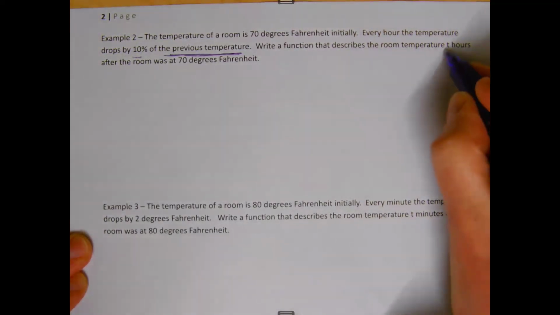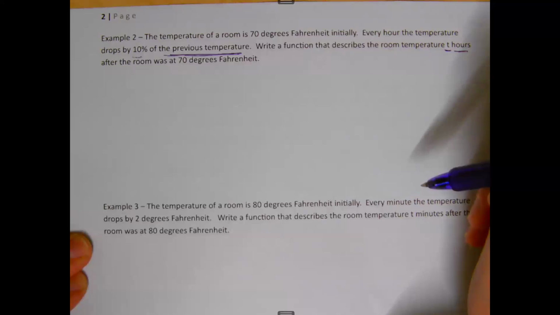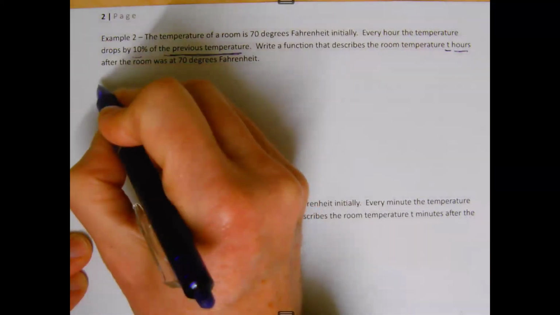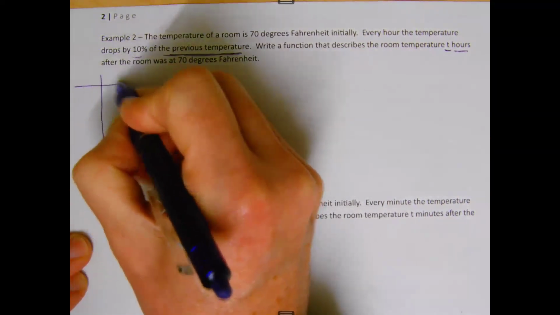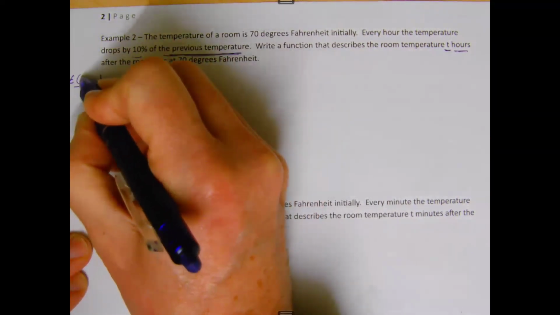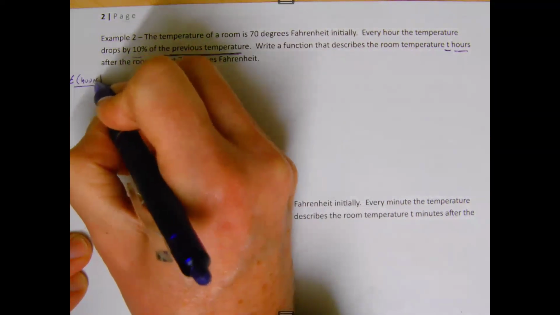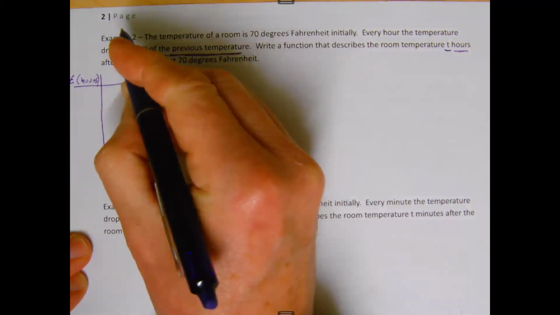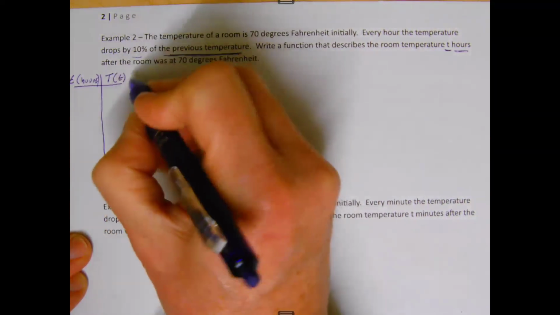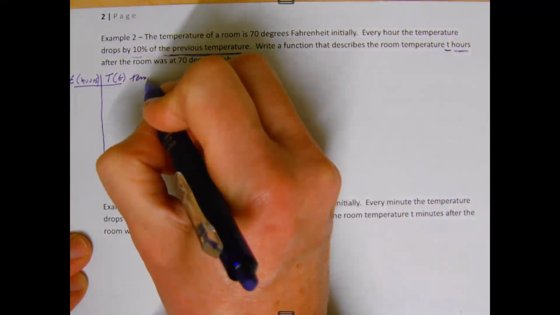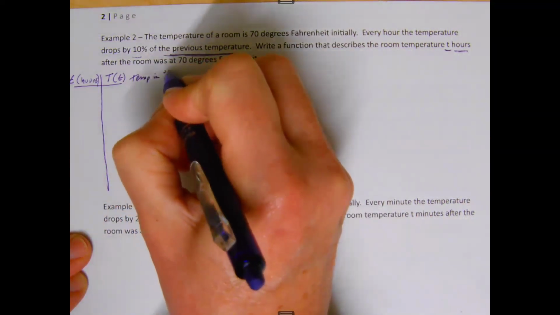So again, my unit here for my variable is hours. Let me create another little table. And again, T here is definitely hours. I'm going to call this T of T, and this is the temperature in degrees Fahrenheit.